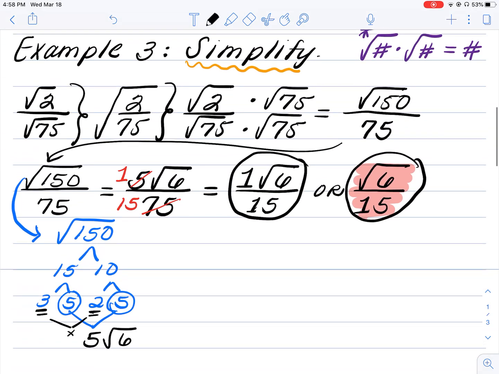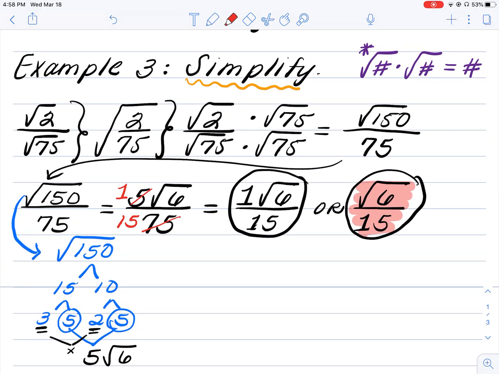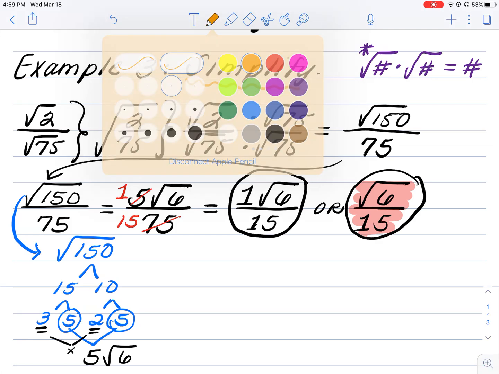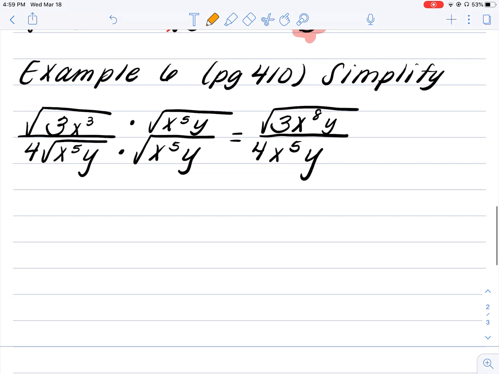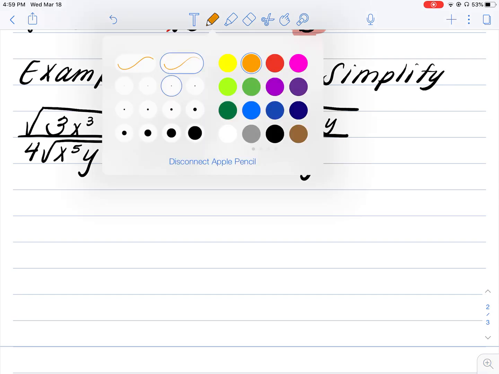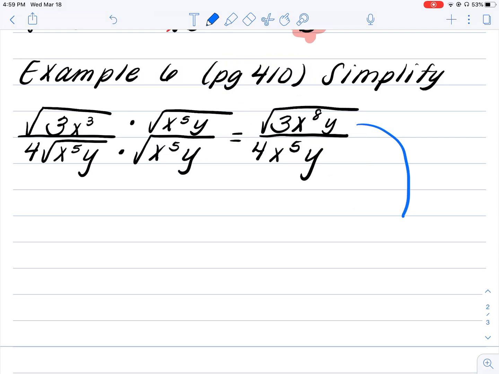Just like I did in example 3, it says here to simplify. I underlined it in orange. Always make sure if you can simplify your numerator. As we mentioned in class, I'm going to do this in blue here. We want to see if we can break down the number, which I only have 1 and 3, so not really.